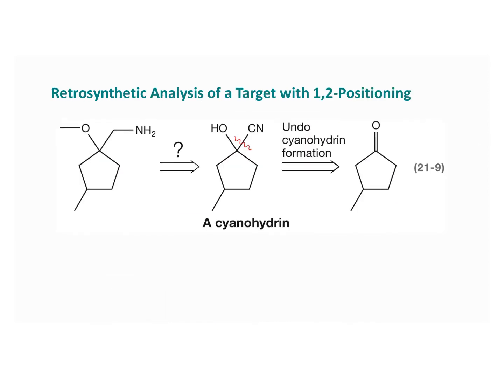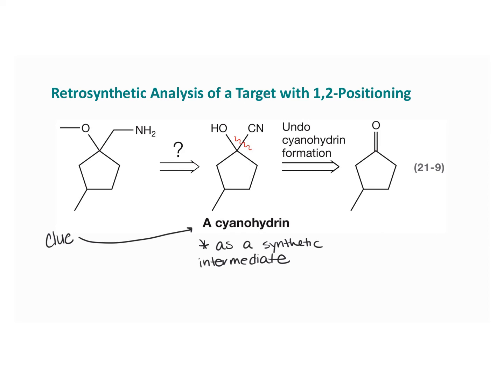So when you see this kind of 1-2 positioning in your product, the clue that we're looking for is that we should consider a cyanohydrin as a synthetic intermediate, right?